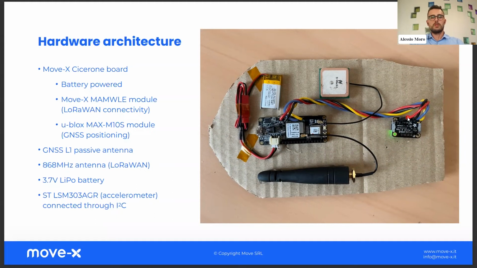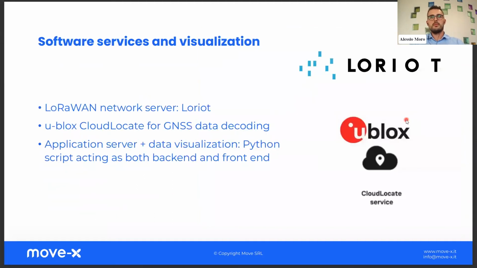Okay, so what does the device do? It connects to the LoRaWAN network using, in this case, we chose the LoRaIoT network server provider, which also has a free account that can be used for testing purposes to register up to a few devices.